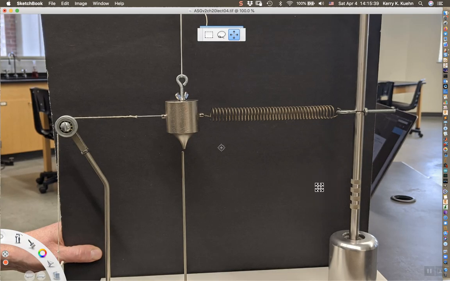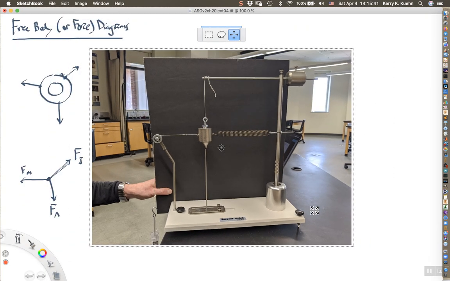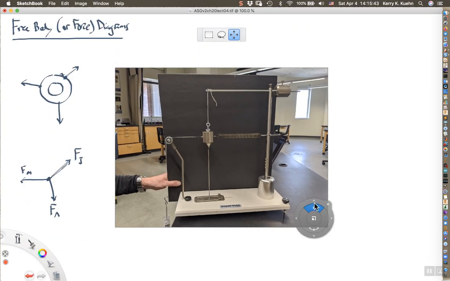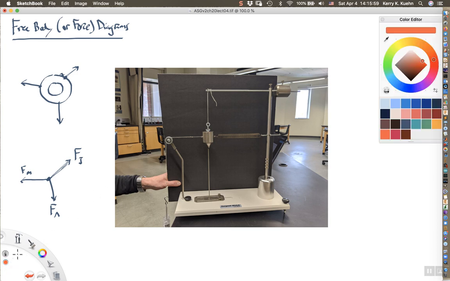This is awfully big, so let me scale it down a little bit. This hanging mass really does kind of look like a force diagram, so let's draw arrows on this to indicate what the force diagram looks like.